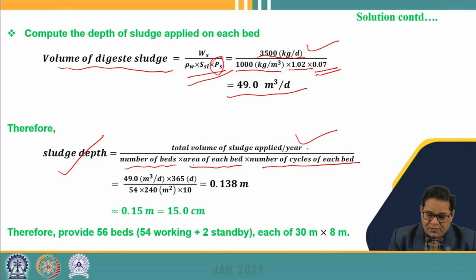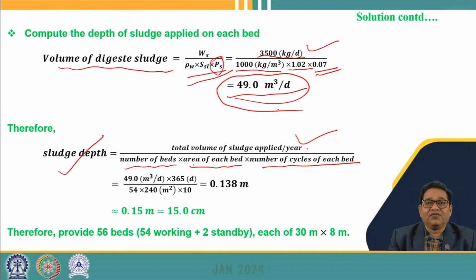So let's put this value here. Total amount of sludge applied per year is basically in terms of volume. Per day this much volume is generated, so if we multiply with 365, we get the total volume of the sludge generated in a year. Here the number of beds is 54, and the area of each bed is 30 into 8, that is 240 meter square for each bed, and then 10 cycles for each bed.